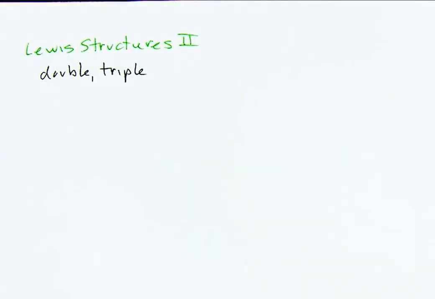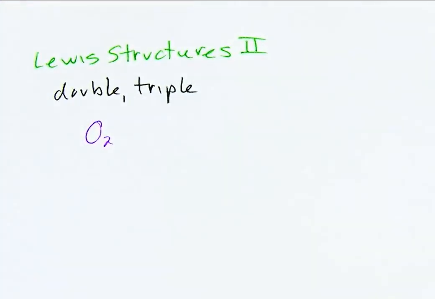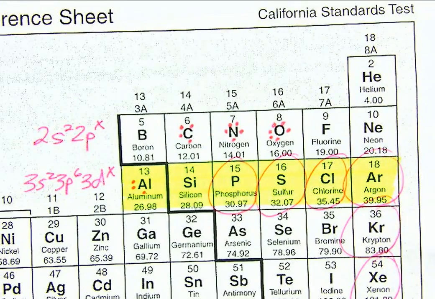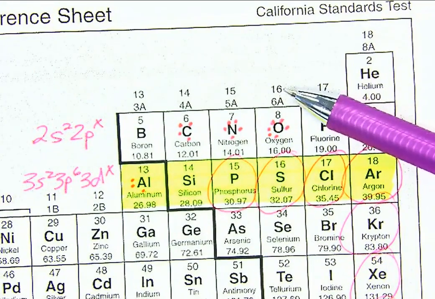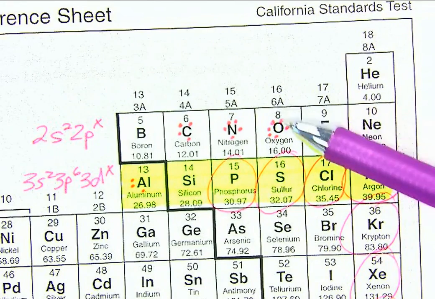And we don't always know if a double bond is going to show up or a triple bond. And so let's take an example here of oxygen, O2. And when we go to the table, just to refresh your memory, if we look at oxygen here, you'll see that oxygen is in group 16, but we don't have 16 electrons on the outside of oxygen, we have 6.